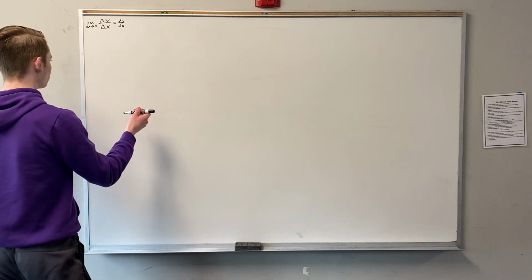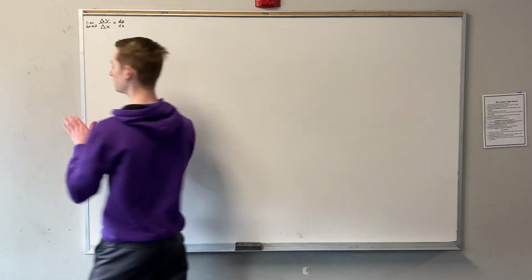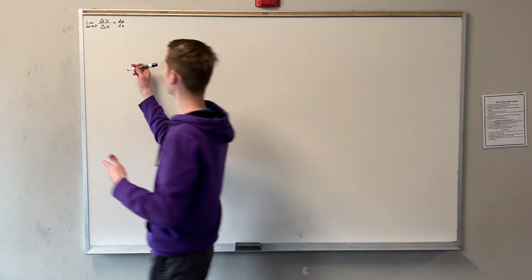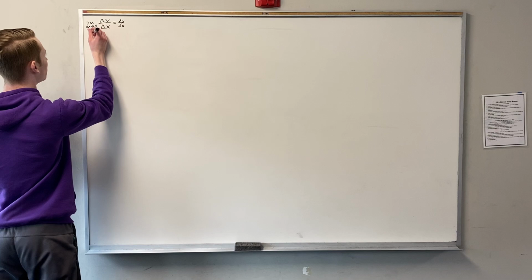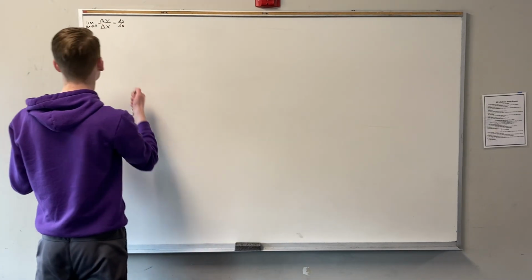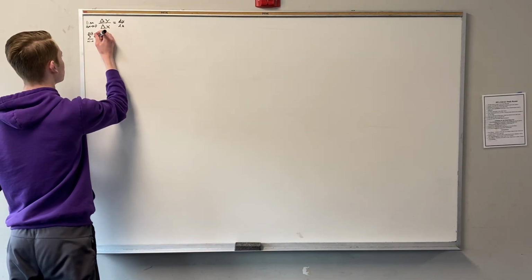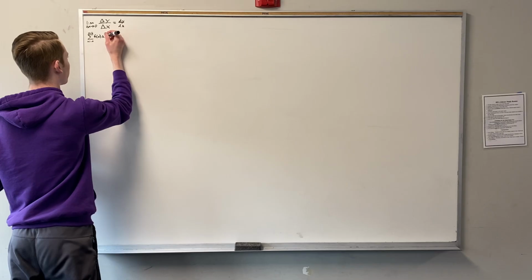The basic idea is you're going to take a sum from x equals a to x equals b, and we're summing f of x times a change in x, delta x.